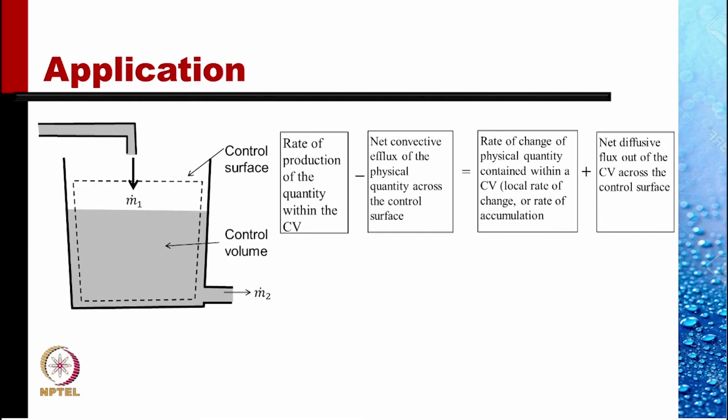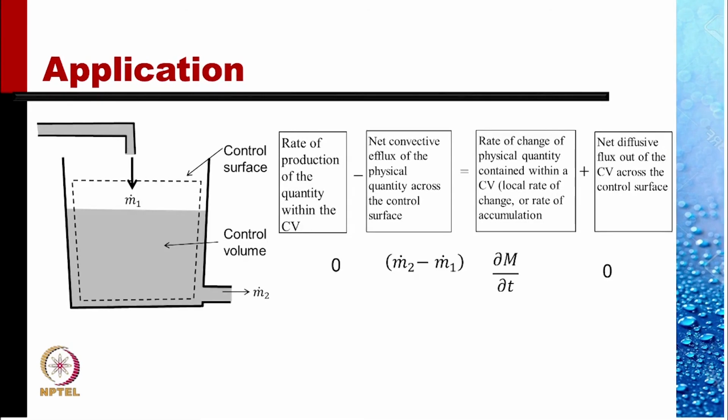The rate of production of the quantity within the control volume is obviously zero. The net convective efflux of the physical quantity across the control surface is in association with the mass. So m1 dot is moving in, m2 dot is moving out. So m2 dot minus m1 dot is the net efflux.